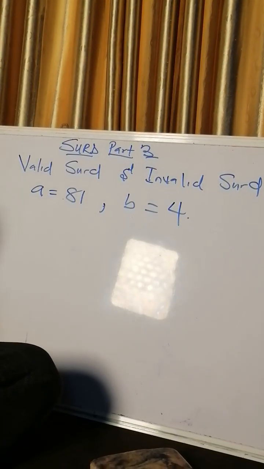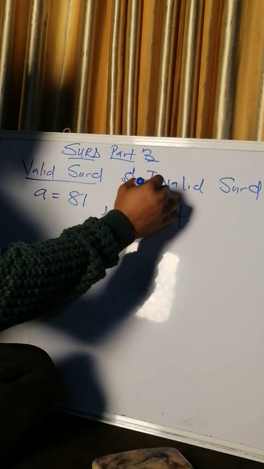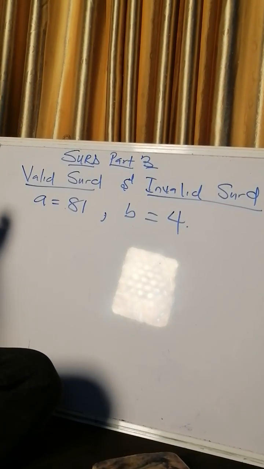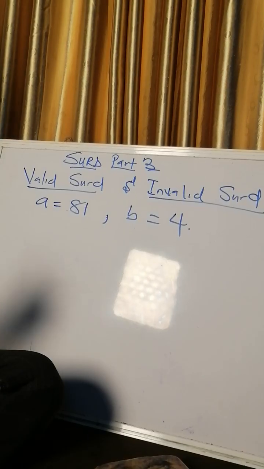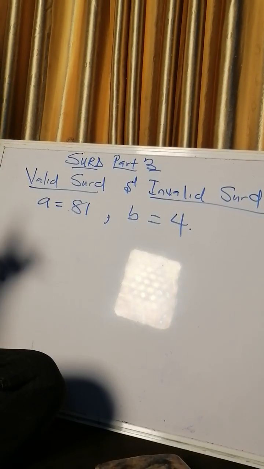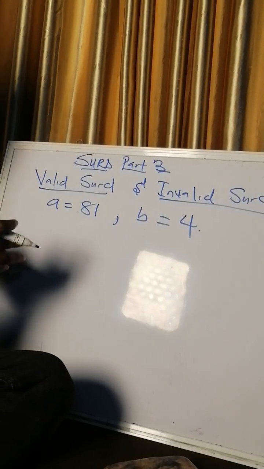Okay, now for us to define valid SURD and invalid SURD: in SURD we can do addition and subtraction. So we want to confirm the validity of the addition, the subtraction, the division, or the multiplication.